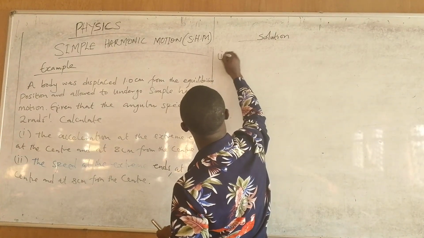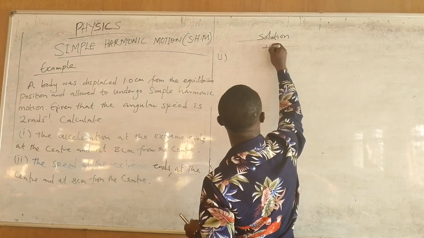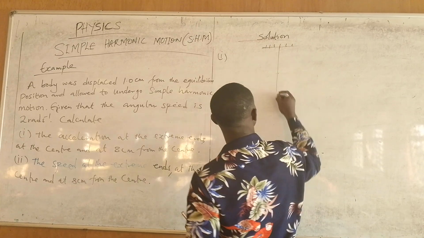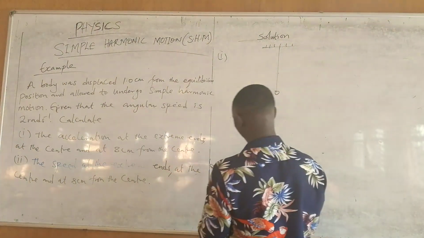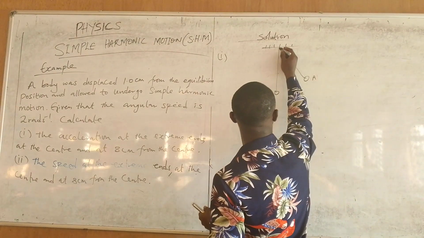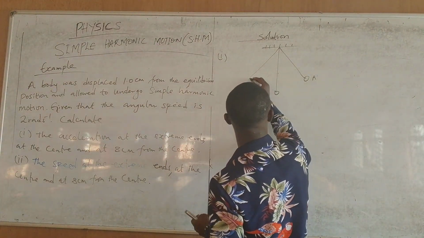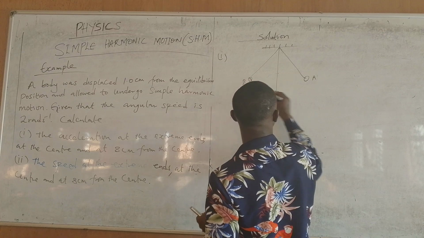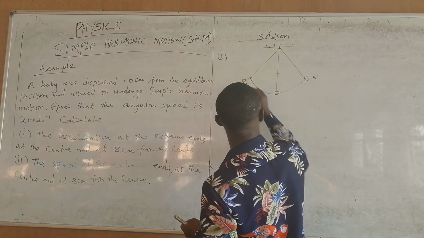Let me use a simple pendulum for that. This is the equilibrium position, then you displace it to point A, then it oscillates through about C and then comes to point B. So this is what we have.